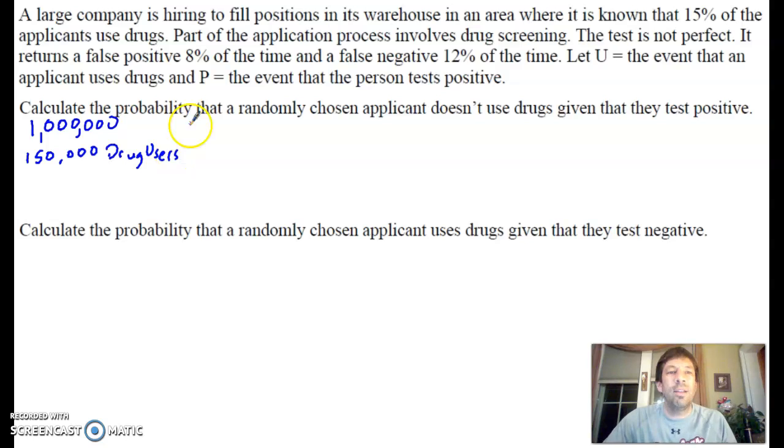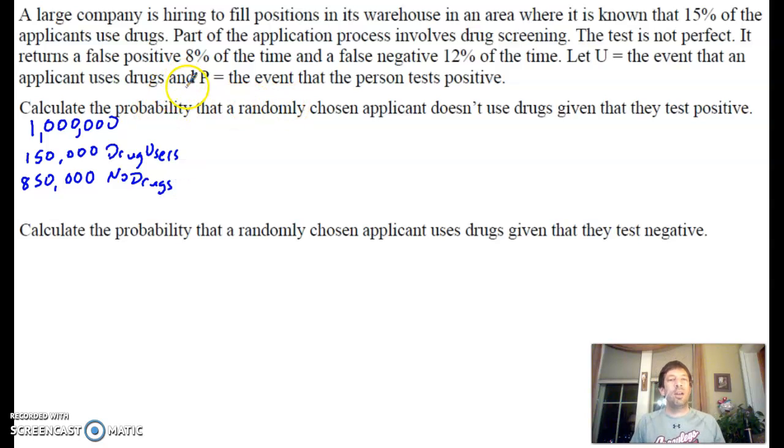It says the test is not perfect. It returns a false positive 8% of the time and a false negative 12% of the time. So this also means that there are 850,000 people that are not using drugs. Okay, so false positive 8% of the time. That means 8% of these people who aren't using drugs are going to test positive.